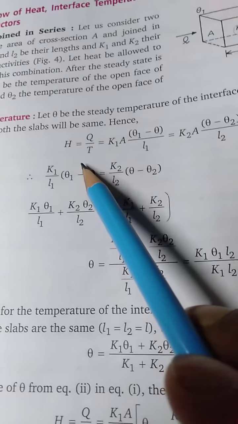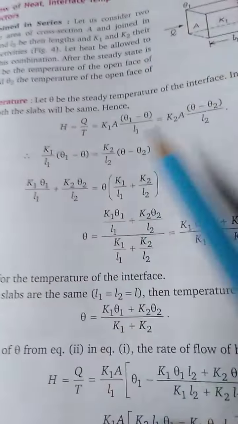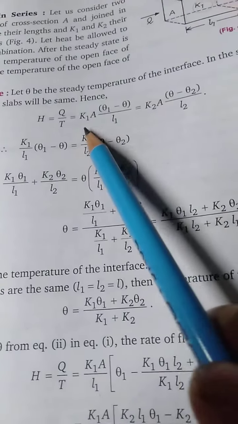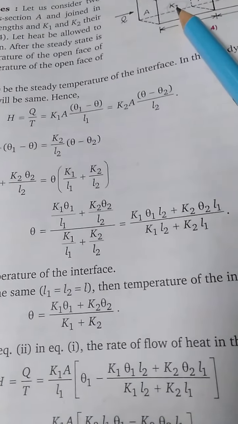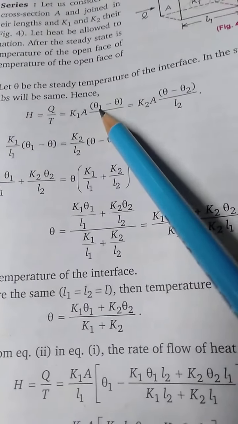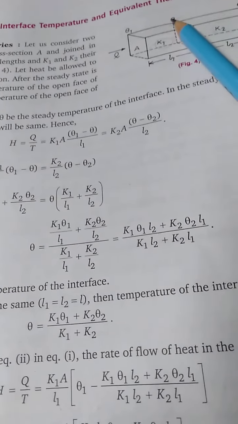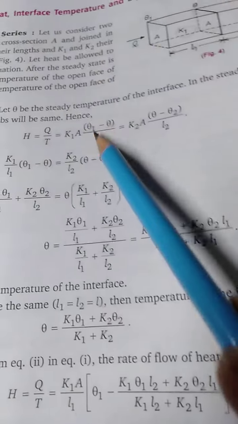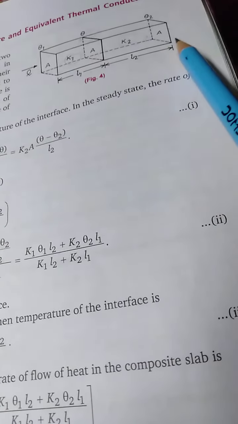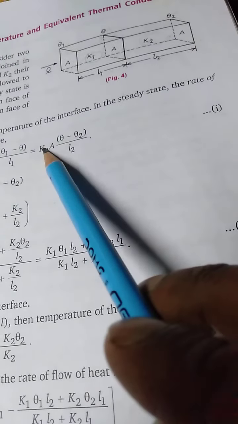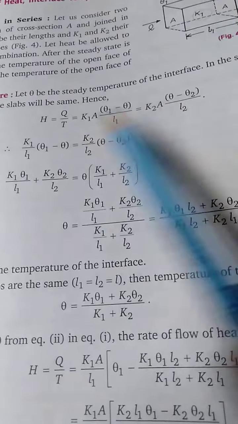So as you can see, H equal to Q by T equal to K1A, because K1 is the thermal conductivity of this slab, K1A into theta 1 minus theta. The cold temperature is theta, the hot temperature is theta 1, divided by length L1. And this is again equal to the rate of heat flow from this end, K2A into theta 2 minus theta by L2. So these two are equal.